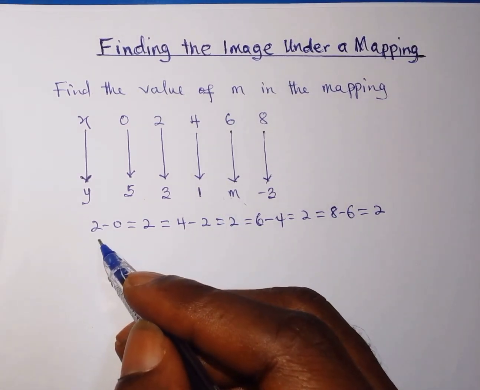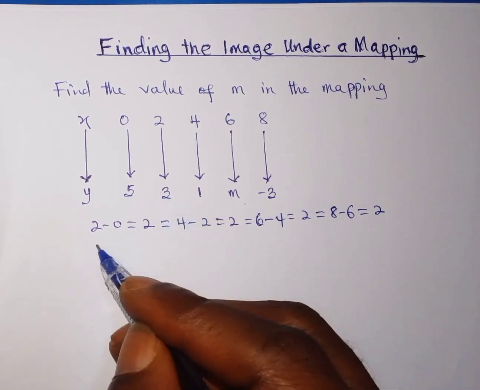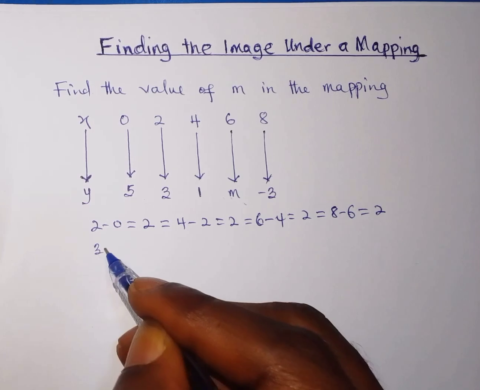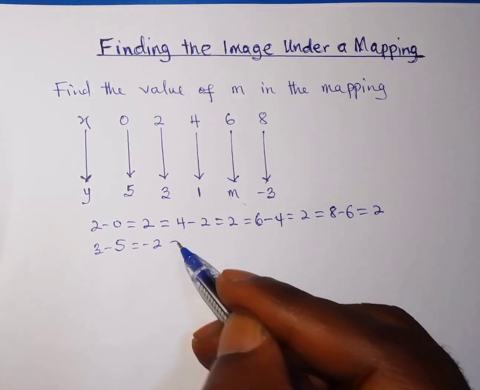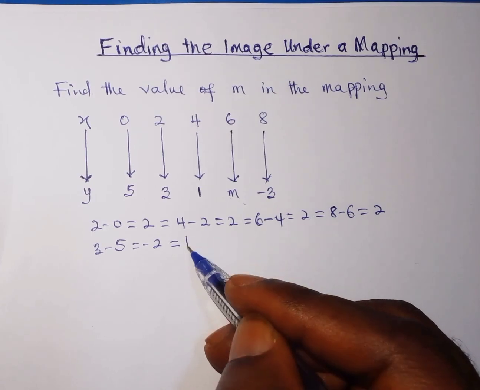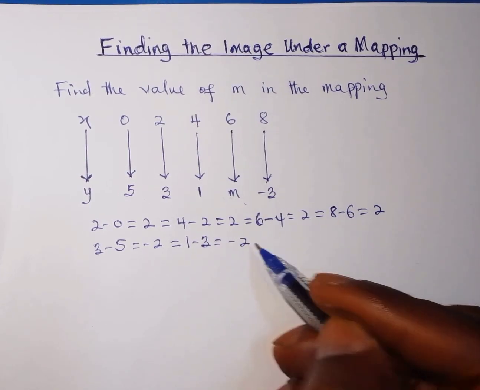Let me also test for the codomain. Let me find the difference. I'm going to subtract 5 from 3, which gives me negative 2. Is it the same as when I subtract 3 from 1? It also gives me negative 2.